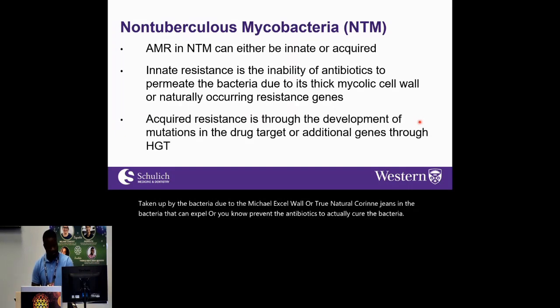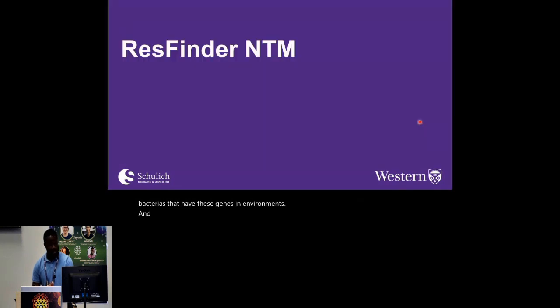Additionally, you could also have acquired resistance, which is through development of mutations in the drug targets and also movement or transfer of additional genes through horizontal gene transfer from other bacteria in the environment that have these genes, through plasmids and so on.